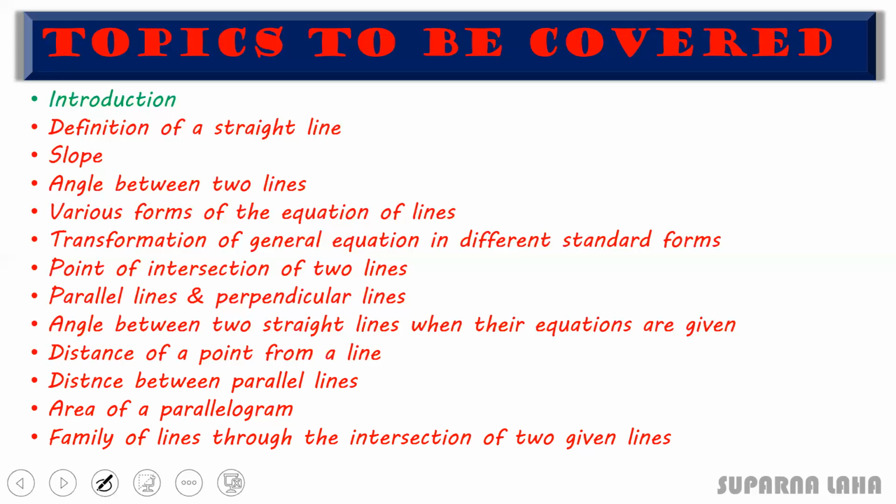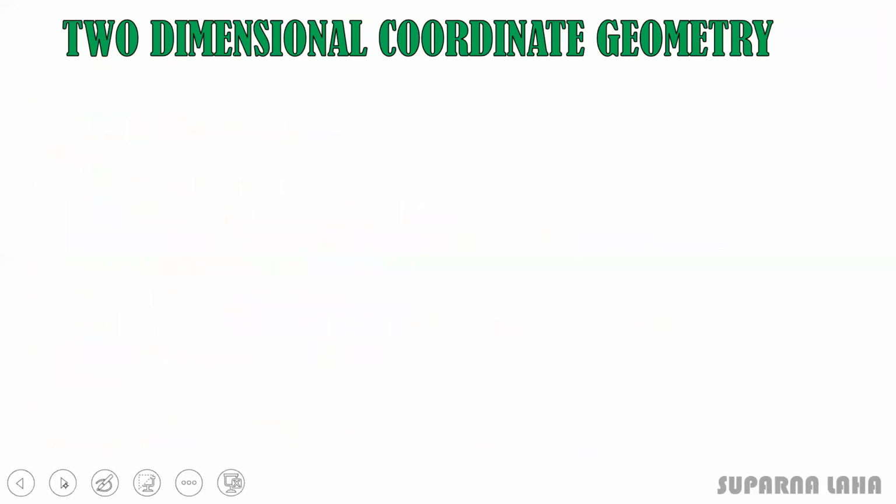Before starting this chapter, you need to recall some previous knowledge. Firstly, what is two-dimensional geometry? Straight line is a small part of two-dimensional geometry, coordinate geometry. In this geometry, this is two-dimensional, x-axis and y-axis.